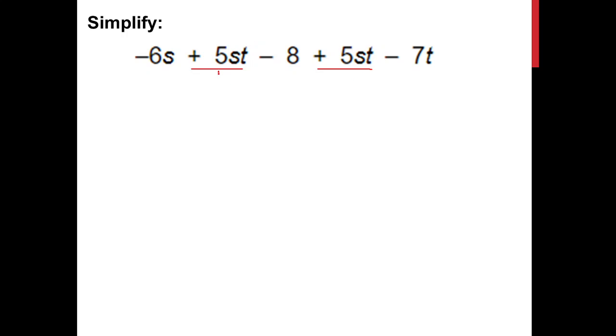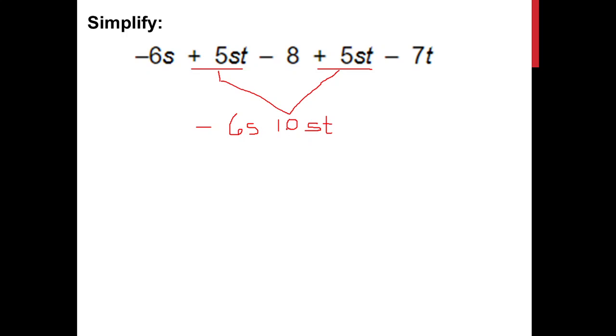terms. So positive 5 and positive 5, again, when adding and subtracting like terms, we only need to add the numerical coefficient and then just copy the variables. So 5 plus 5 gives us 10. Then copy the variable st. Then since this one does not have any similar term, we'll just bring that down here, negative 6s.